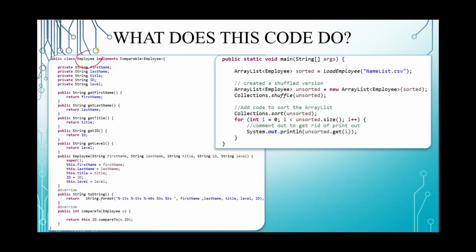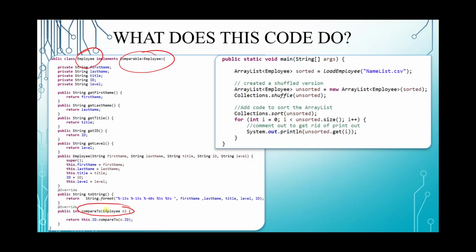We have an employee class, and this employee class implements Comparable. We have done something similar to this before, but we have implemented Comparable, and in Comparable, you have to provide an implementation for the compareTo function.